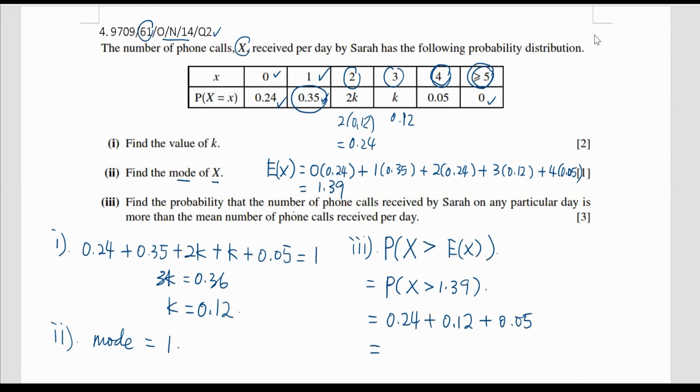That will be the probability that X is more than the mean. So 0.24 plus 0.12 plus 0.05 is 0.41. That will be the answer for part 3. All right? So these are the answers for question 4.